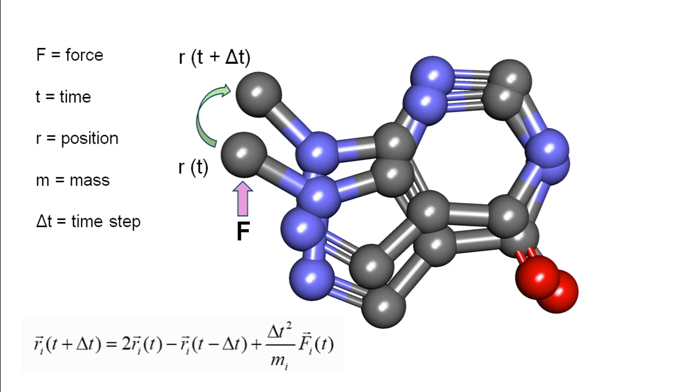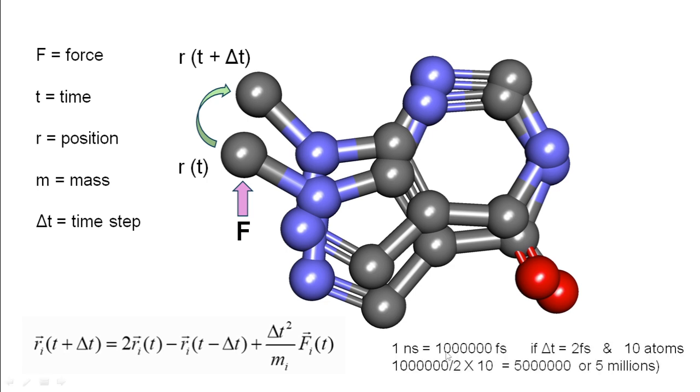Suppose you are simulating this molecule over a period of 1 nanosecond. 1 nanosecond means 10 lakh femtosecond, that means 1 million femtosecond. And if the delta t, that means the time step, is 2 femtosecond, that means you are trying to approximate the position of each atom after every 2 femtosecond.